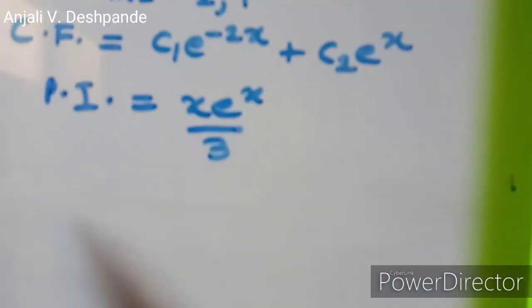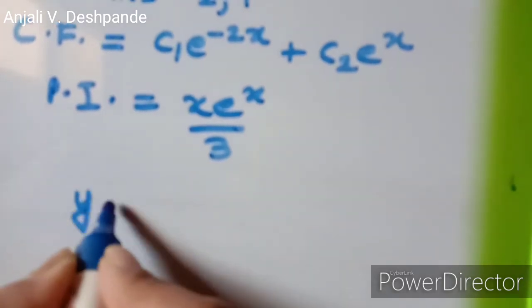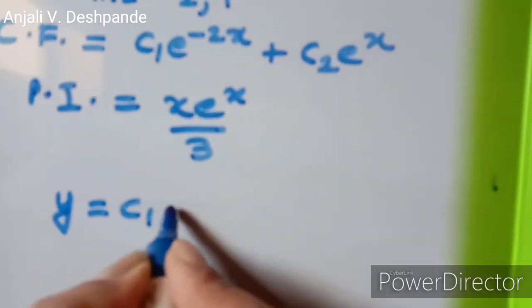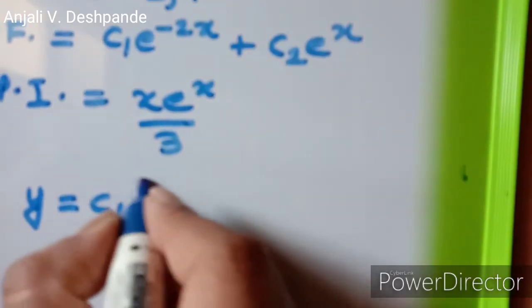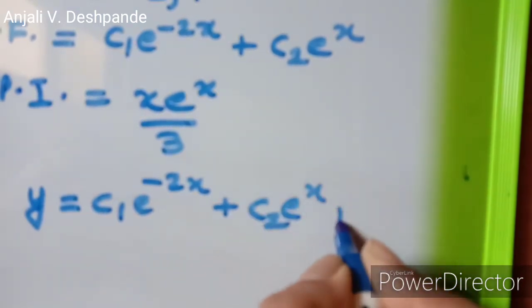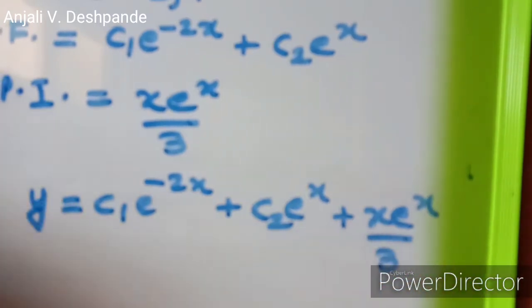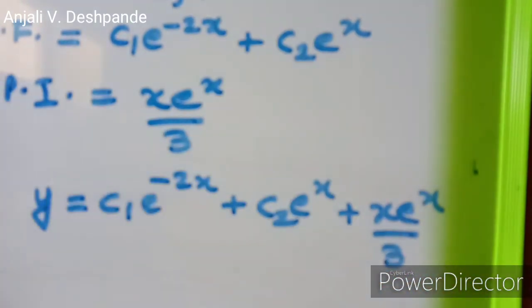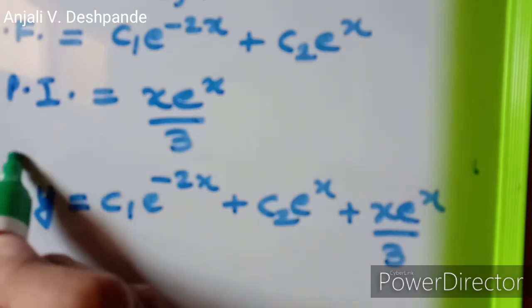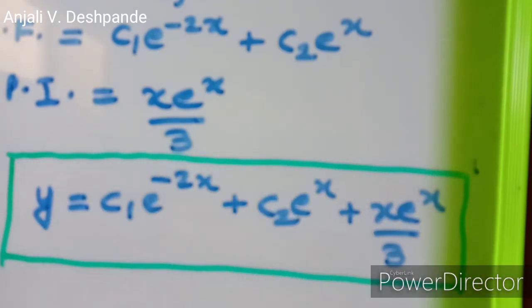So the complete solution of the given differential equation will be the CF plus the PI, and this will be y is equal to C1 e raised to minus 2x plus C2 e raised to x plus x into e raised to x divided by 3, and that gives you the complete solution of the given linear differential equation with constant coefficients.